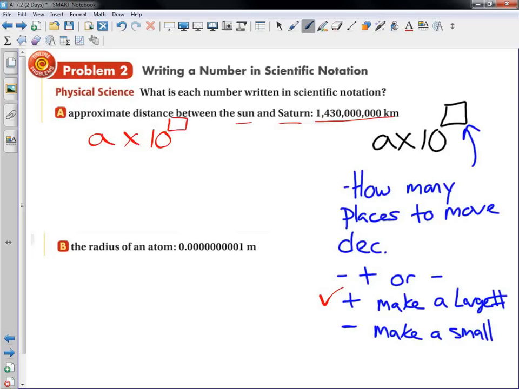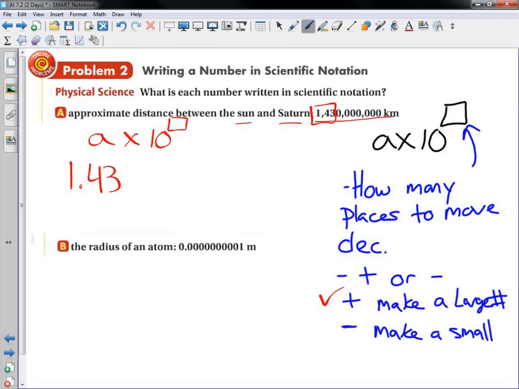Let's first off put down the A value. Remember, the A value always has to be a digit point something. So here we have those 3 digits before it's all 0. So I need to write all those digits down. So I'm going to have 1.43.